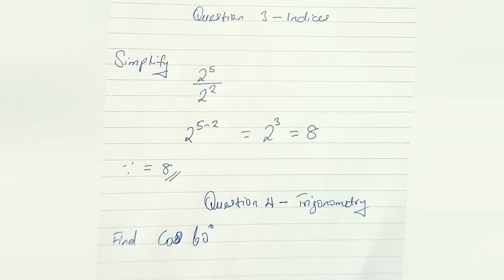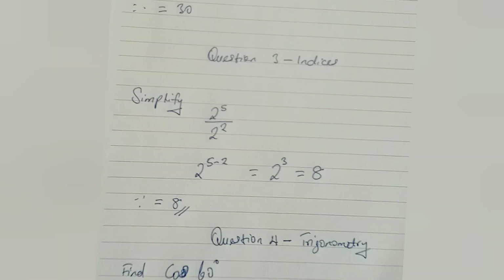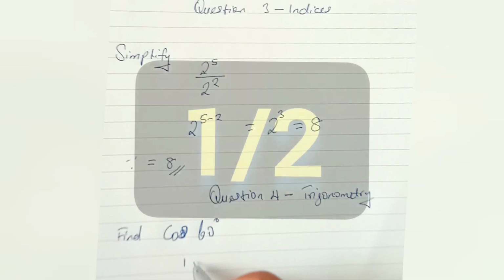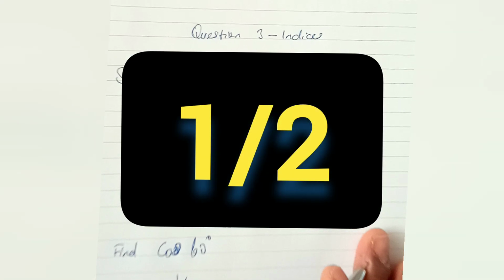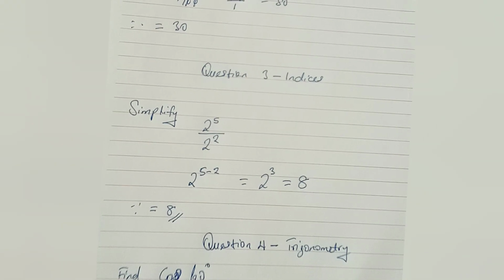One of the special angles you must memorize, because cos 60 degrees is equal to 1/2. If you forget this in WAEC, you lose easy marks.